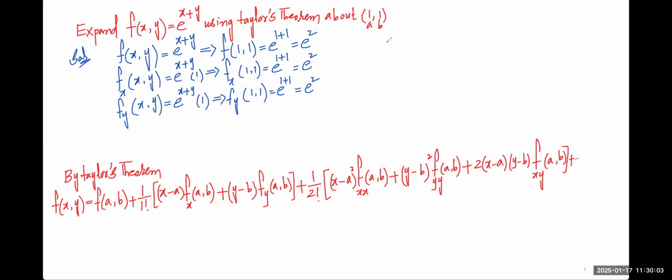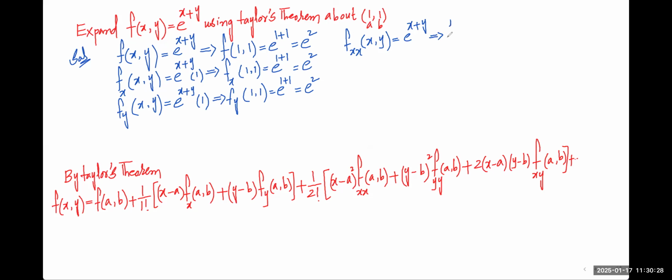After that we can go for f double x of x comma y, first of all, the value which is available here already. This one we have to differentiate one more time, so nothing will happen. We get the same thing. The derivative of x plus y is 1, if you want to write it.